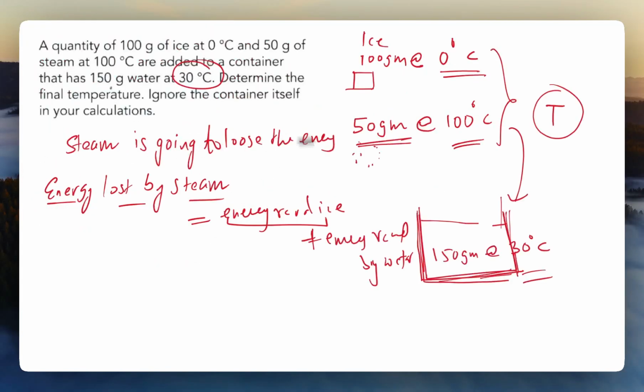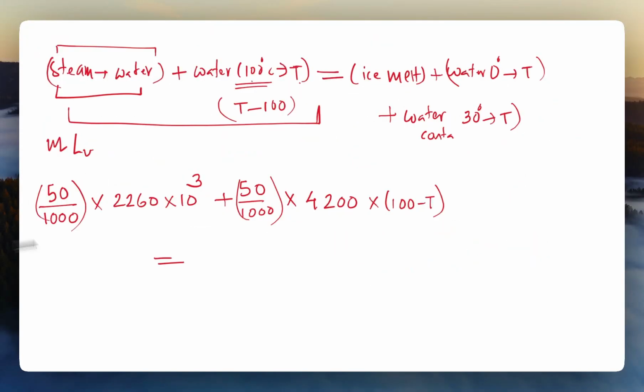Now, how much ice have we been given? 100 grams, which is 0.1 kilogram, into the latent heat of fusion for the ice, which we know is again a large number, 334 into 10 to the power 3. Now all the ice melts and becomes water, and that is going to raise its temperature, right?